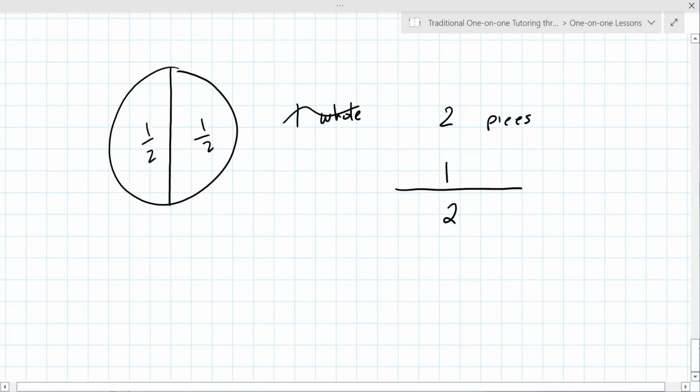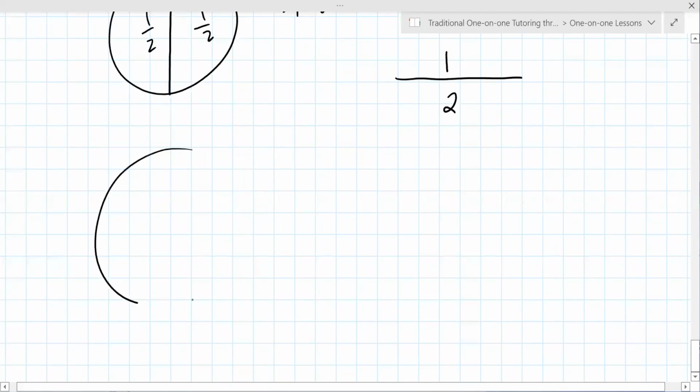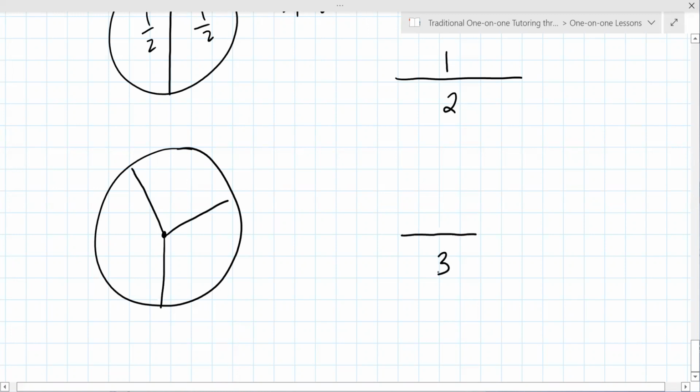Okay, so let's look at another circle here. Let's say I cut the circle into 3 pieces. So there are 3 pieces here. Each one of them is 1/3. So however many pieces there are, that's the number that goes on the bottom.